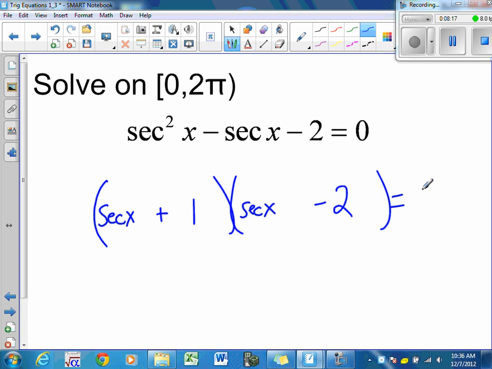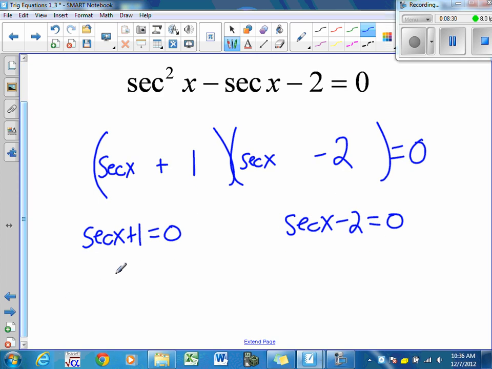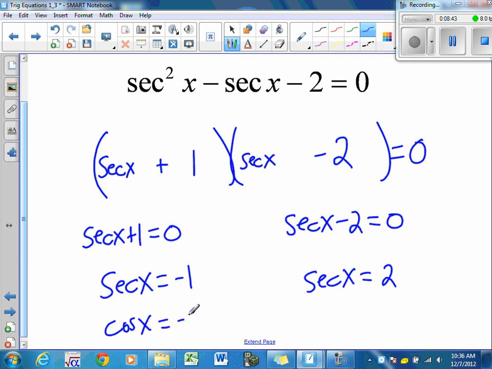This equals 0. So now I have secant of x plus 1 is 0, and secant of x minus 2 is 0. And now we solve these just like the last chapter. Secant of x equals -1, secant of x equals 2. You flip both sides to convert it to cosine.